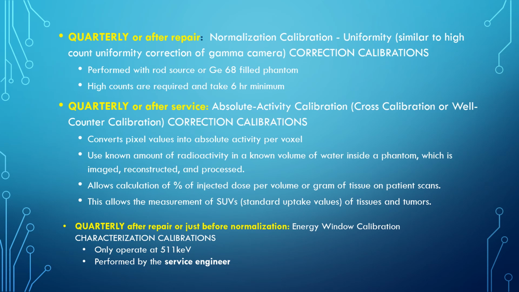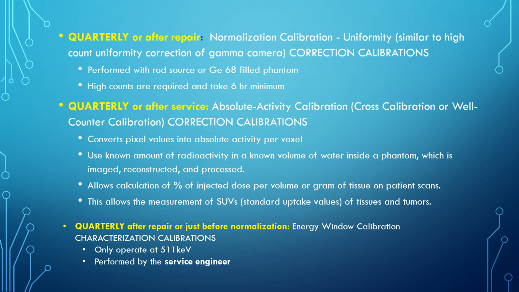And then quarterly, the absolute activity calibration is done. This converts pixel values into absolute activity per voxel. You use a known amount of radioactivity in a known volume of water inside a phantom, which is then imaged, reconstructed, and processed.